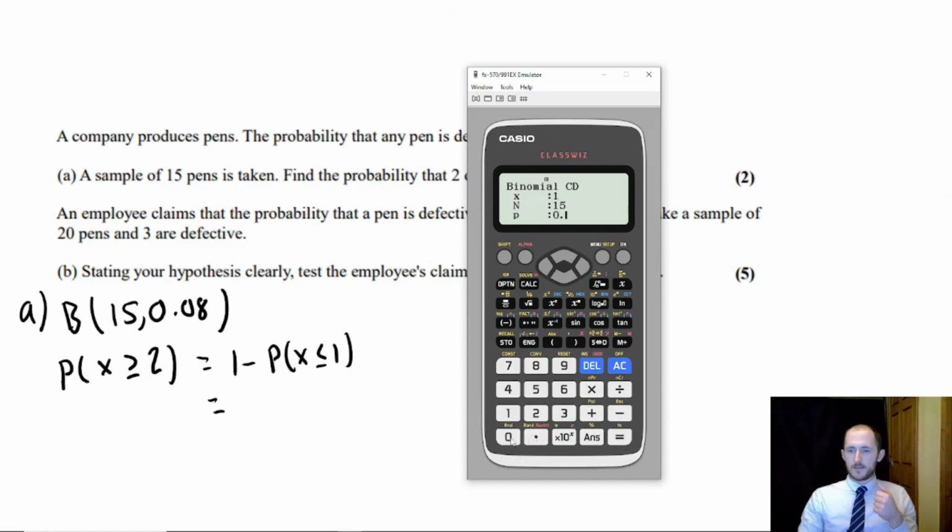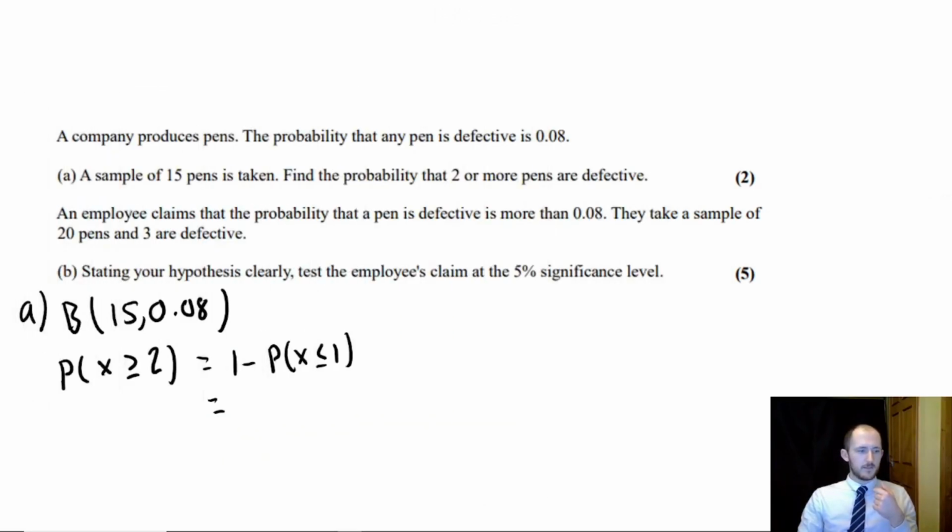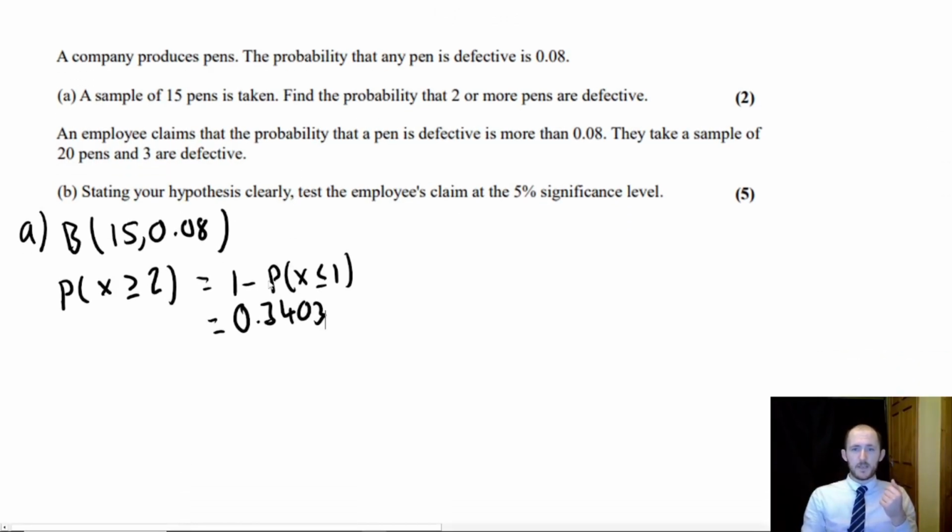It's an 8% likelihood. So that gives me that number, but again, I'm going to do 1 minus it, so let's go back. 0.3403. Perfect, that's it.